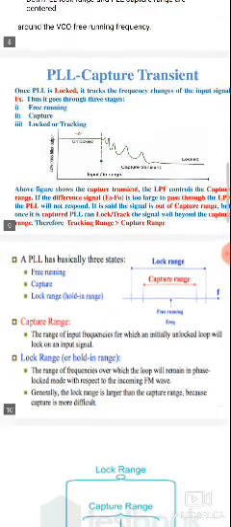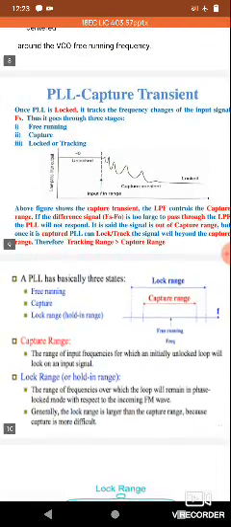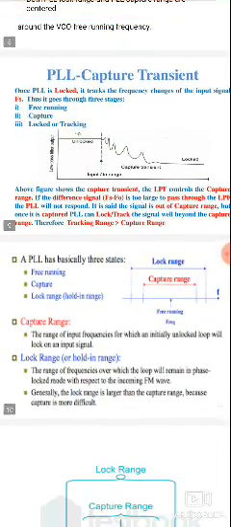The above figure shows the capture transient of the low pass filter. It controls the capture range. If the difference signal Fs minus F naught is too large, where Fs is the input signal frequency and F naught is the output frequency, it passes through the low pass filter and the PLL will not respond.